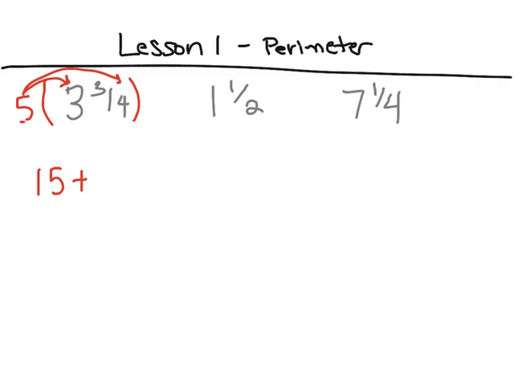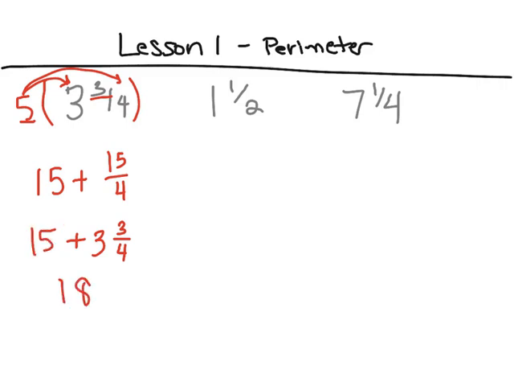To do this, we take 5 and we times it by our numerator, so 15 over 4. Now we want to simplify 15 over 4, so we figure out how many times 4 goes into 15. It goes into it 3 times, which would be 12. And then there's 3 left over, 12, 13, 14, 15. So 3 3/4 is the same as 15 over 4.